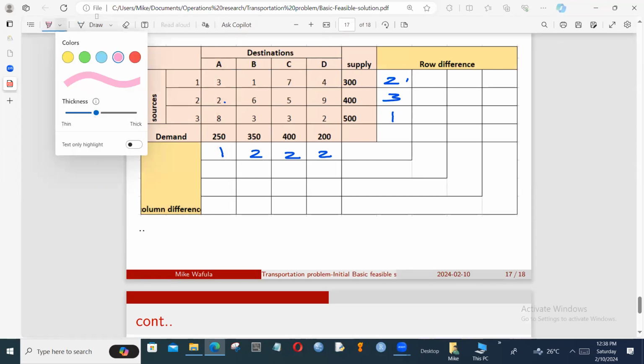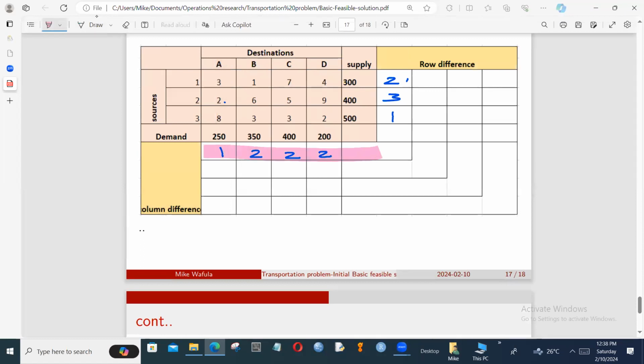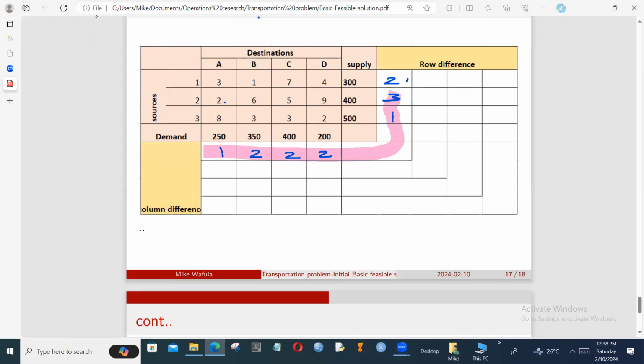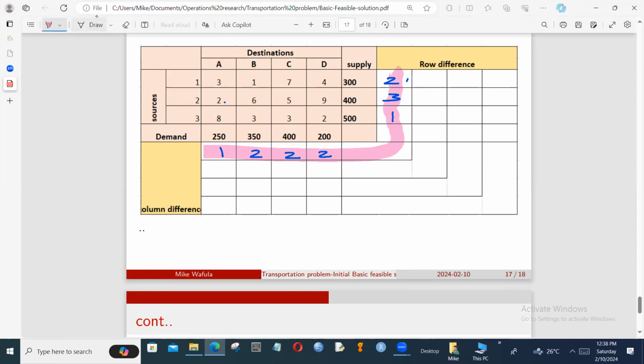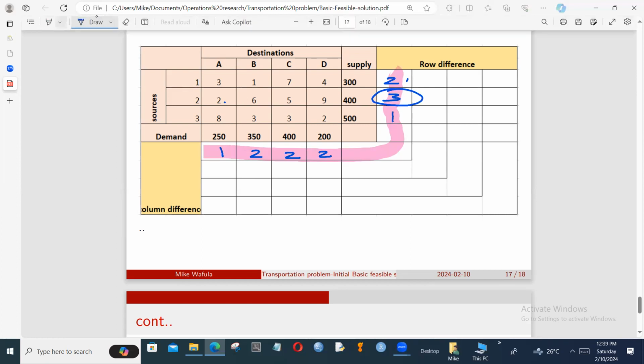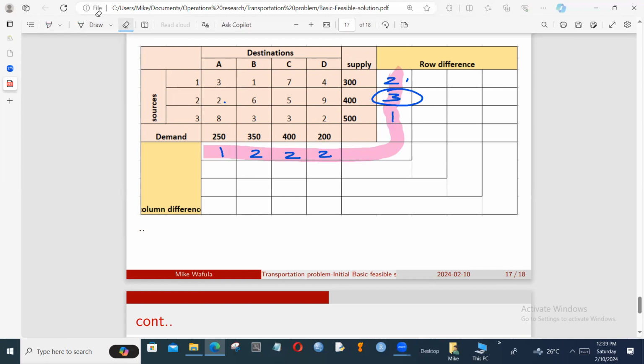So we are looking at all this as one set. As one set, we are checking which one is the highest value. That's the highest penalty cost. We check. So we can see all of us that the highest is this value 3. Isn't it? 3 is the highest.